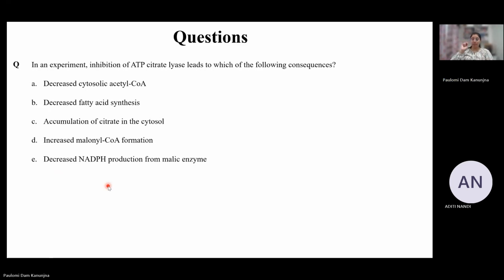So you have these two products formed in the cytosol. Now think, if this activity is stopped, what effect can it have?